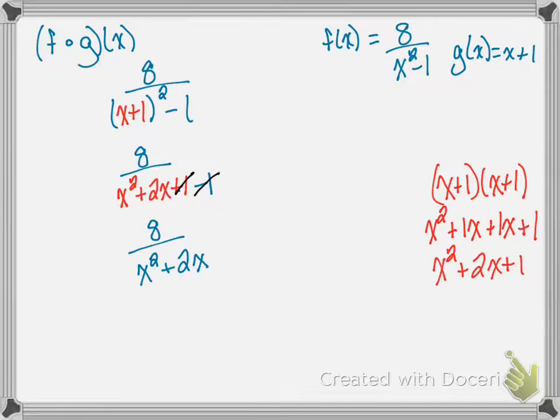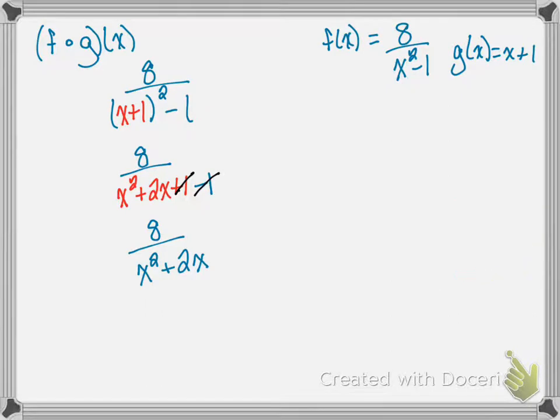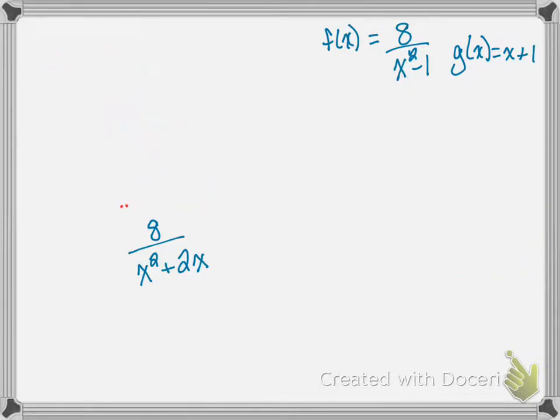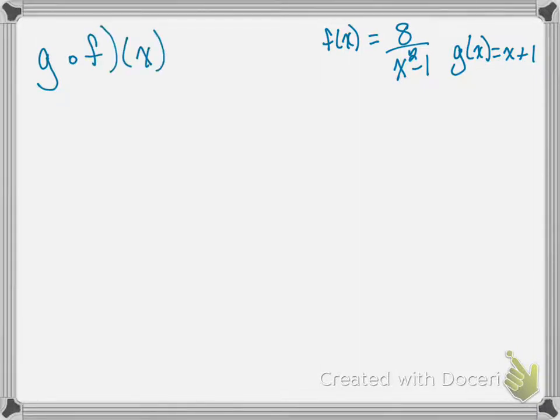Now, G composed of F is a little bit more challenging because we're going to have to do something a little funky with the rationals. So now we are going to do G composed of F of x. We are going the other direction.